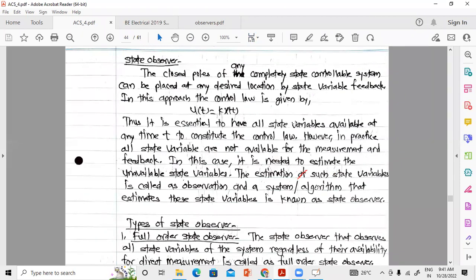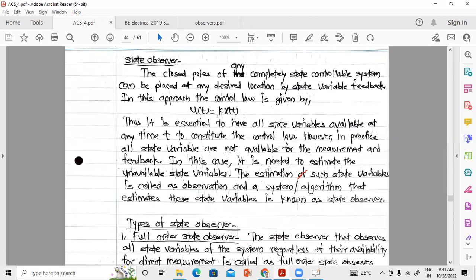Thus, it is essential to have all the state variables available at any time t to constitute the control law. So this x should be available at any time. Then only we can get kx. If x is not available, then we will not be able to get k. We will not be able to get u.